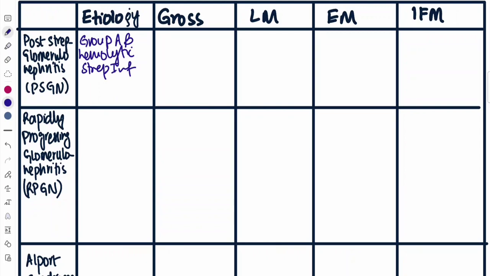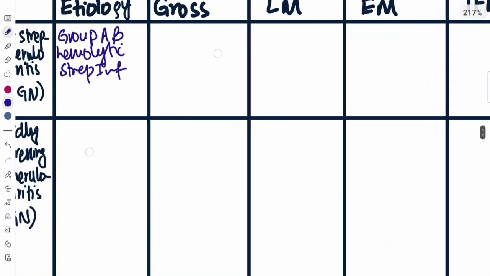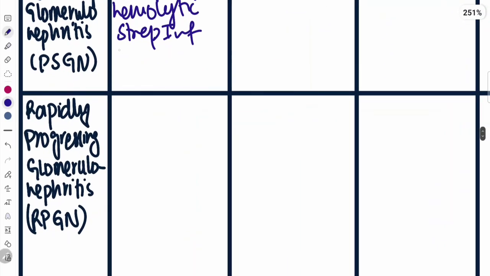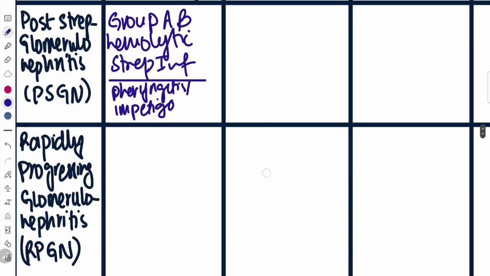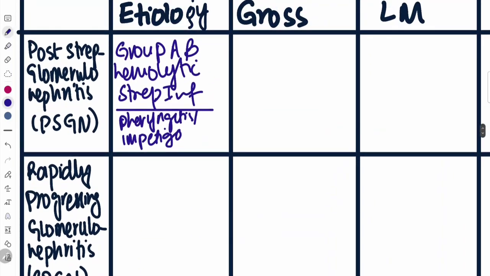So usually what happens is that after 10 to 14 days of a pharyngitis or impetigo, the patient will have a glomerulonephritis. That is what post-strep glomerulonephritis is.